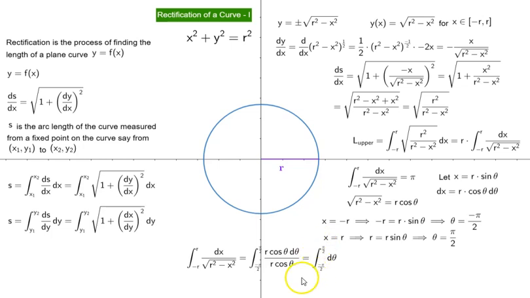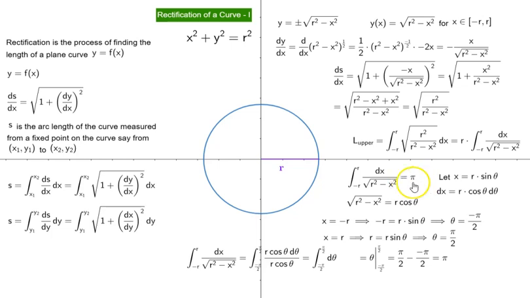So we are left with integral of minus pi by 2 to pi by 2 of d theta, which we know is equal to theta from minus pi by 2 to pi by 2, which is equal to pi by 2 minus minus pi by 2, which is equal to pi, which is what we had mentioned here.